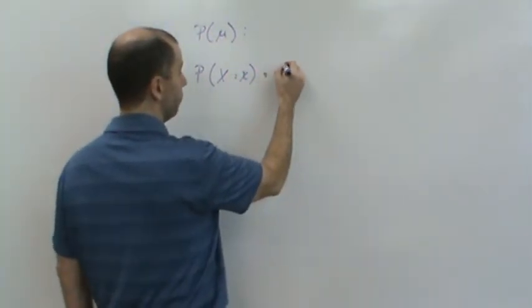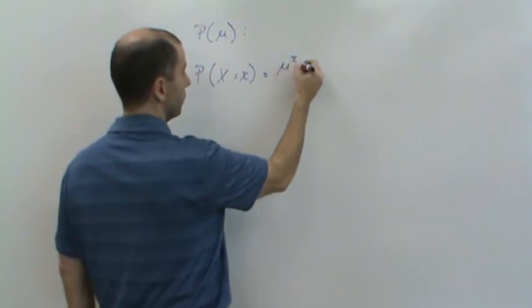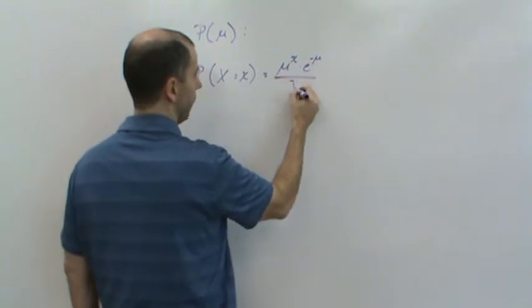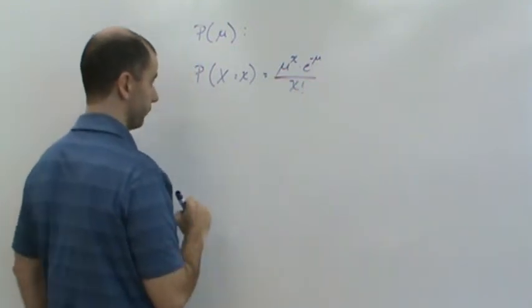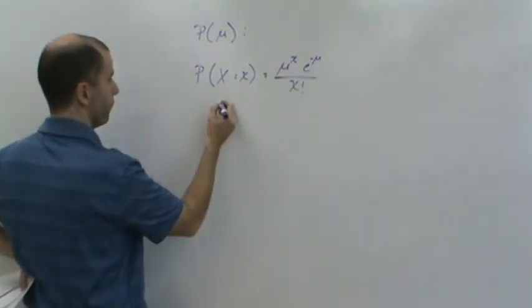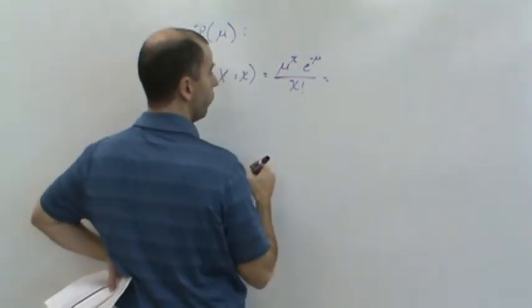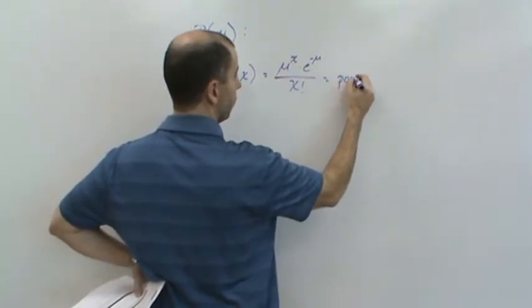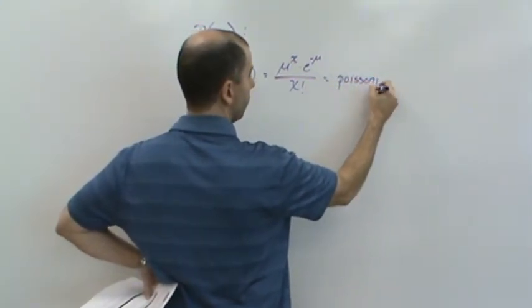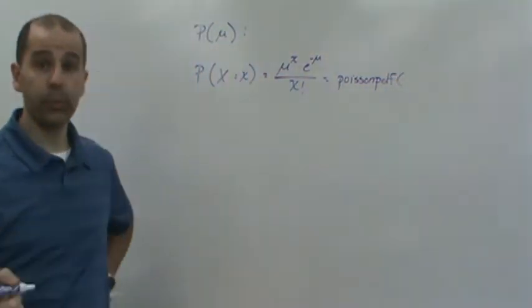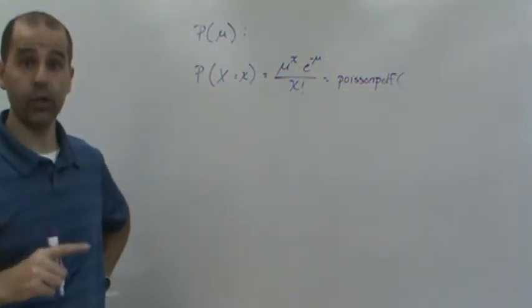It's going to be mu to the x times e to the negative mu divided by x factorial, okay? This we can do on the calculator as Poisson PDF.